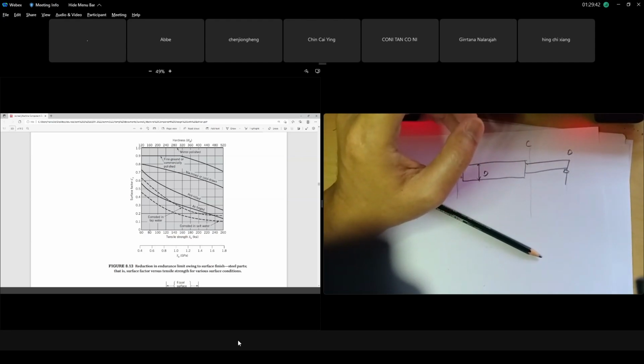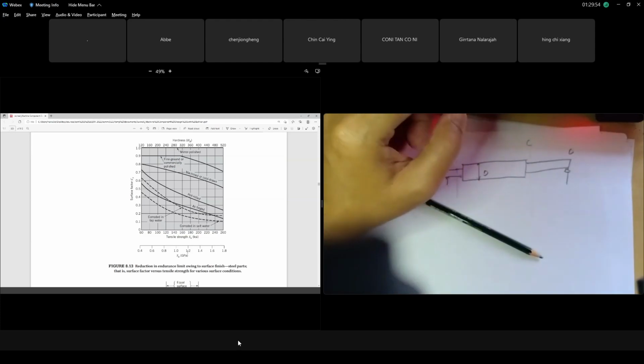The first axis is in English unit, KSI, but you use the bottom one, gigapascal. For example, if your SUT, the tensile strength, is 870 megapascal from the table properties in Appendix C, this graph is in gigapascal.